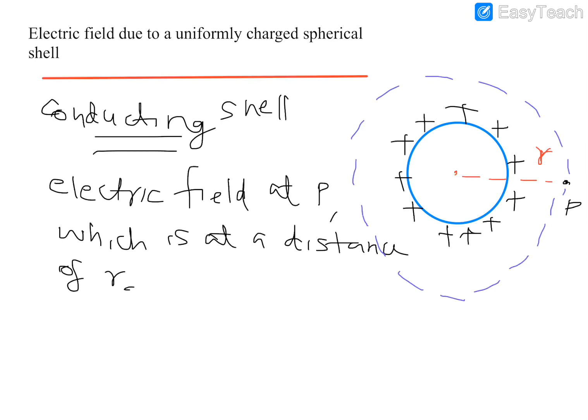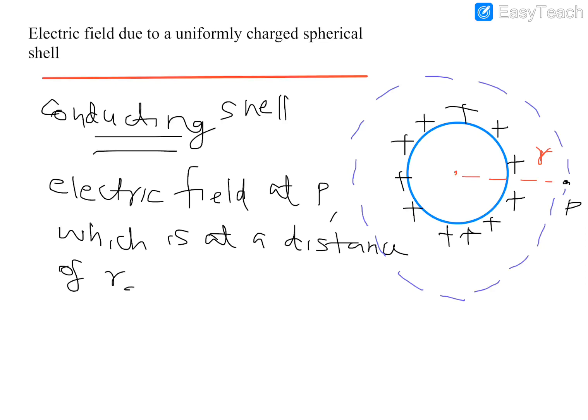You can see that my Gaussian surface is a sphere, and the radius of my Gaussian sphere is small letter r, the same as this distance.